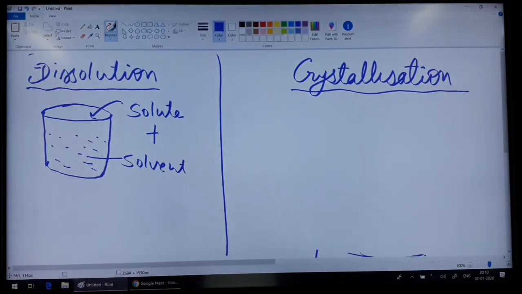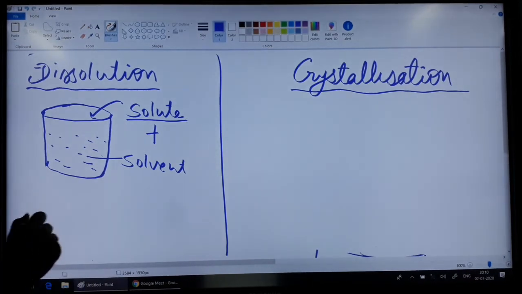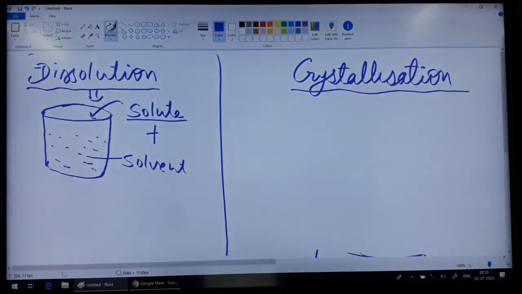This amount will be dissolved in the solvent. The process where the concentration of solution increases is called dissolution. Means simply mixing of solute in a solvent.